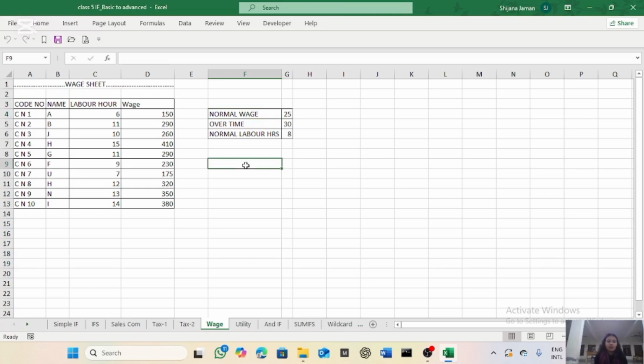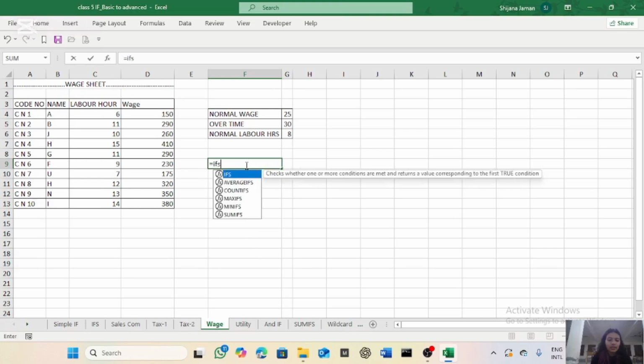So using the IFS formula to calculate wage, press equal IFS. For the logical test, if our labor hour 6 is greater than normal labor hour 8, we will get normal labor hour into normal wage.